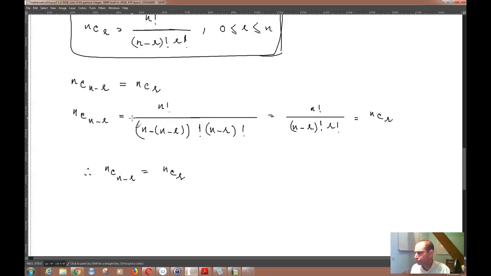I don't understand the meaning of that statement, but at any rate, n combination n minus r is the same thing as n combination r, right?